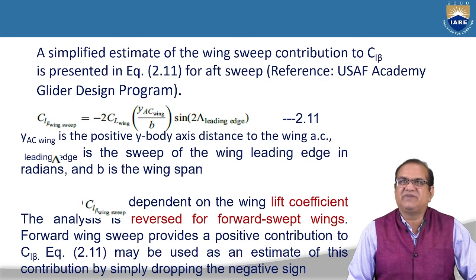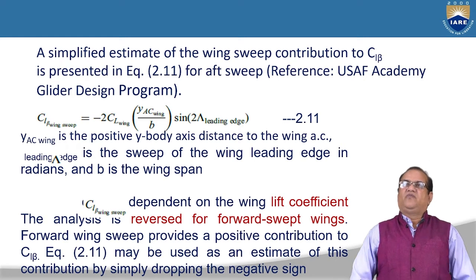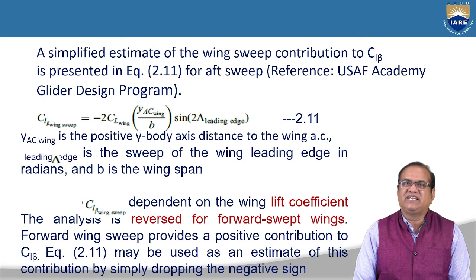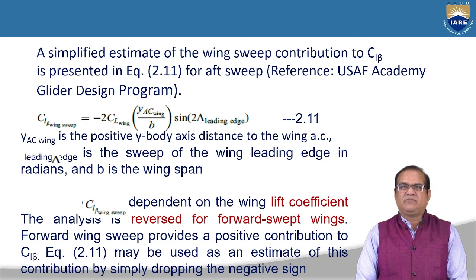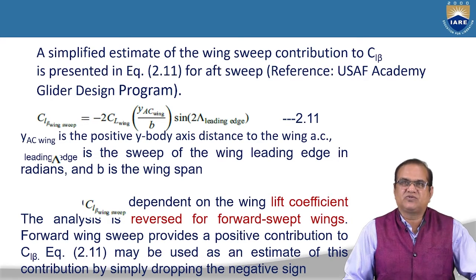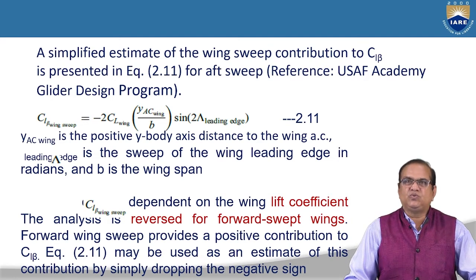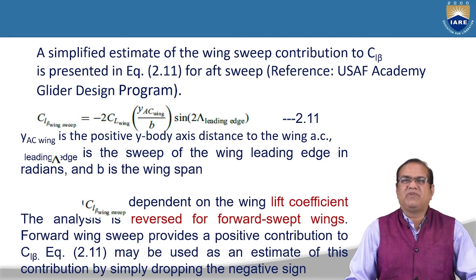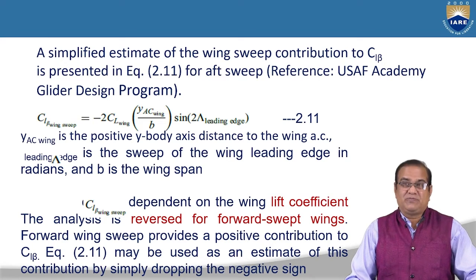A simplified estimate of the wing sweep contribution to CL beta is presented in equation 2.11 for aft sweep. The reference is the US Air Force Academy glider design program, and this CL beta wing sweep is equal to minus 2 CL wing, Y AC wing by B, sine 2 sweep angle.